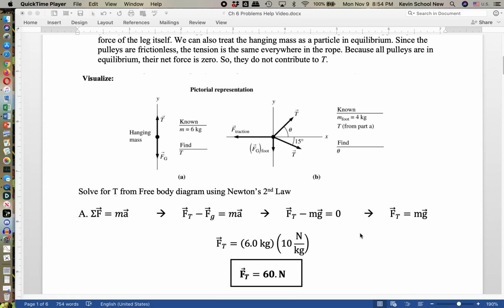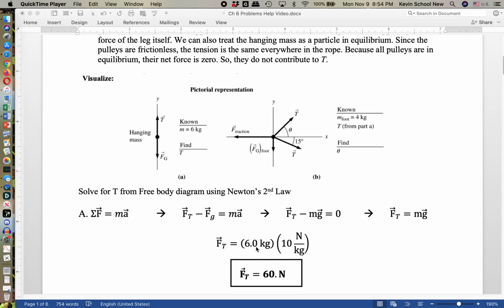To solve this, you're going to use a Newton's second law approach. We're going to take the force diagram we just made for the hanging mass. We'll write F equals ma, and then substitute in for our net force, the tension force upwards minus the gravitational force downwards, equal to m times a. Since it's not accelerating, I can replace m times a with 0, and I get tension equals the force of gravity, mg, on the hanging mass.